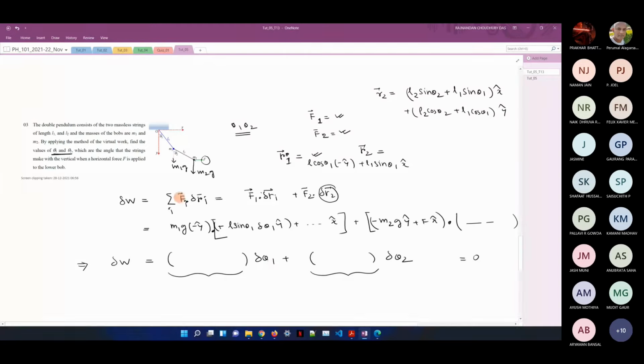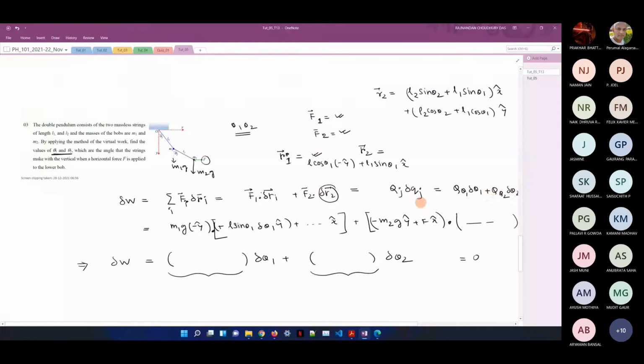Similarly, you can also do the same thing using another approach, because your delta W can also be written as the sum of Qj delta qj. So you will be having two terms: one will be Q theta 1 delta theta 1, plus another will be Q theta 2 delta theta 2.